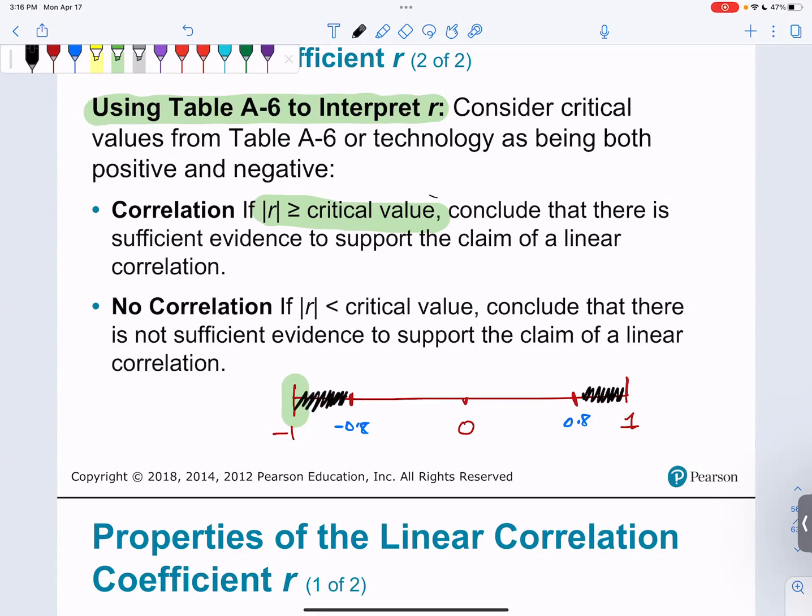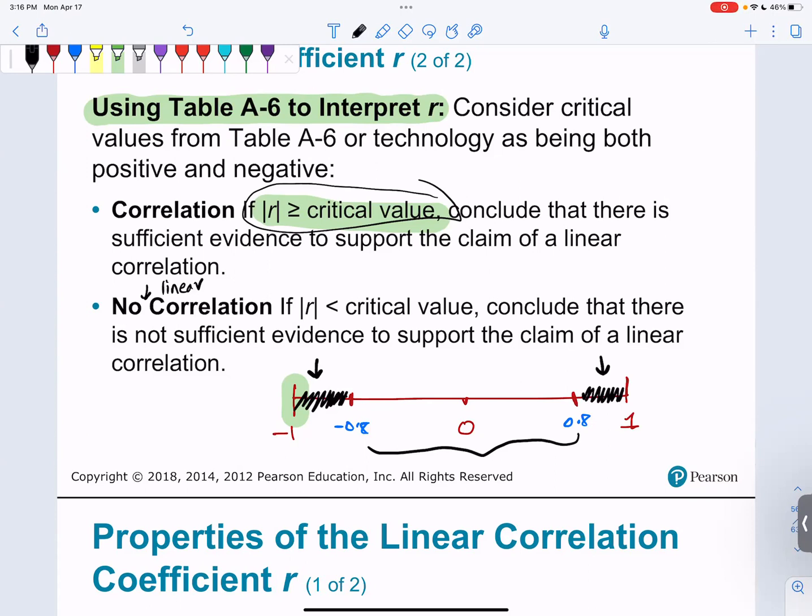And any value between -0.8 and 0.8, we say what? No linear correlation between those two variables, because we don't know if we have a non-linear one, right?